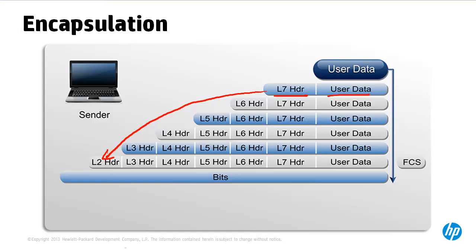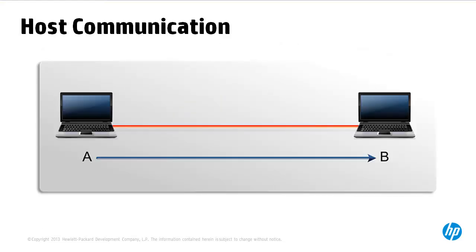In a moment, I'll demonstrate this by using Wireshark, which is a great sniffing application to view data in real time. But for now, please notice the sender is transmitting data. The data is encapsulated at each layer of the OSI model and is then transmitted to the receiver. So A is sending the data to B.